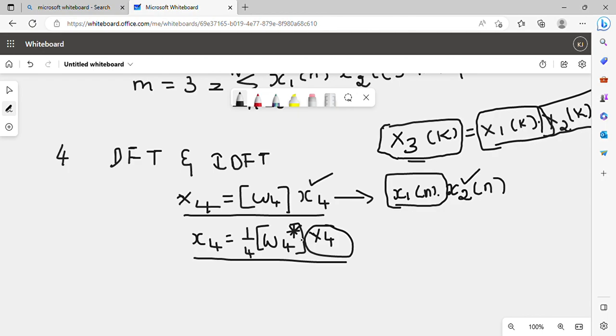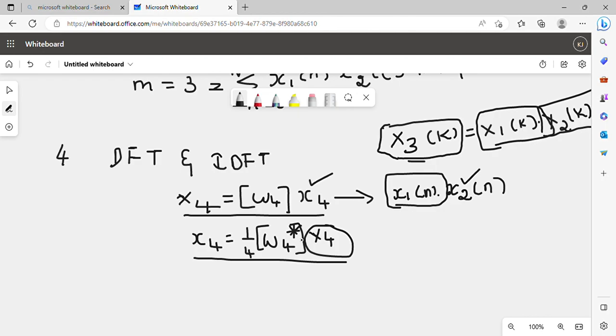You substitute it, multiply the omega 4 IDFT matrix with the x3 of k resultant, and then divide by 4, and you get the original resultant, the same result you got with the concentric circle method. That is why I took the same problem and solved it, right?